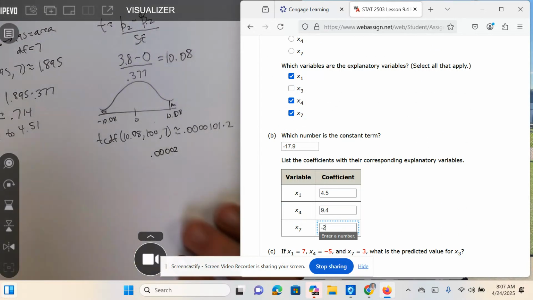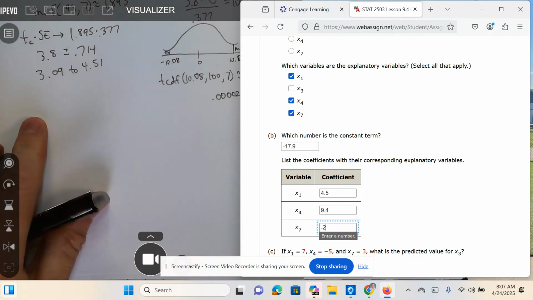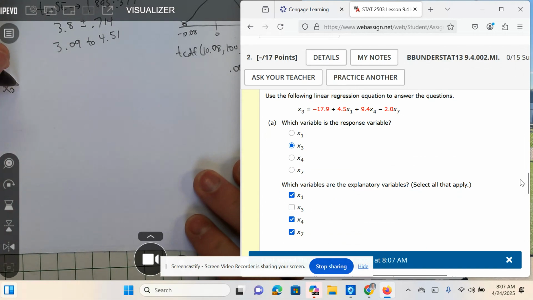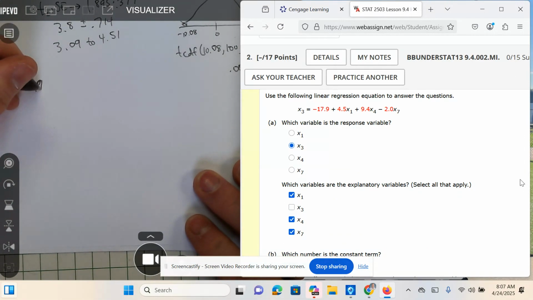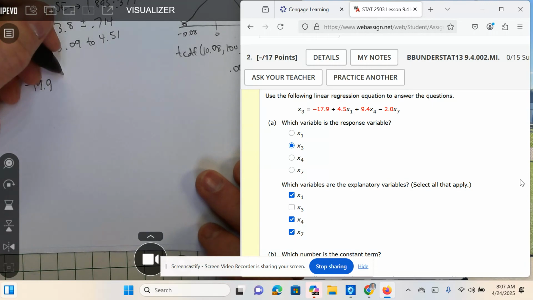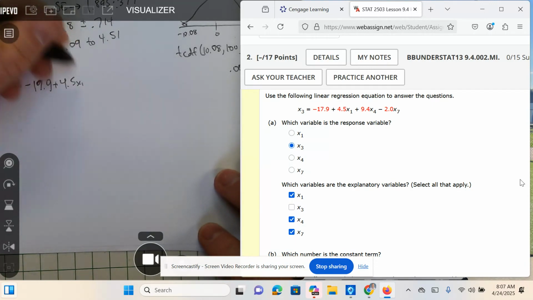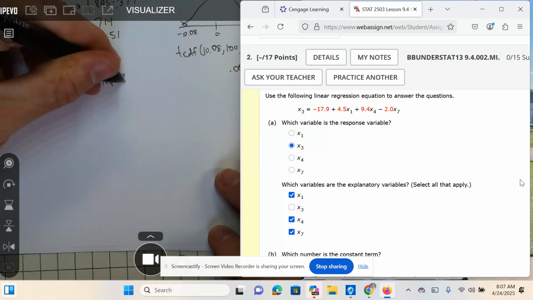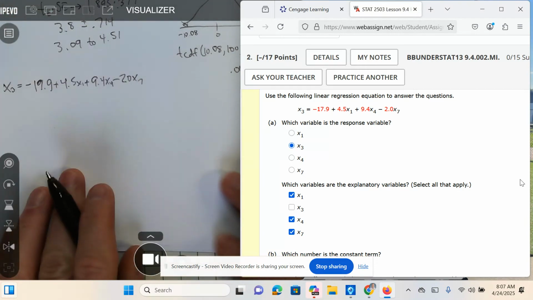I'm going to write down this equation real quick, because we're going to use it. So we have x3 equals negative 17.9 plus 4.5 x1 plus 9.4 x4 minus 2.0 x7.